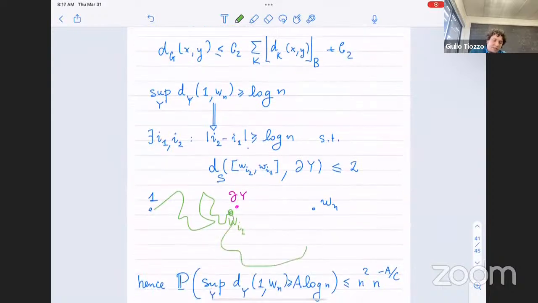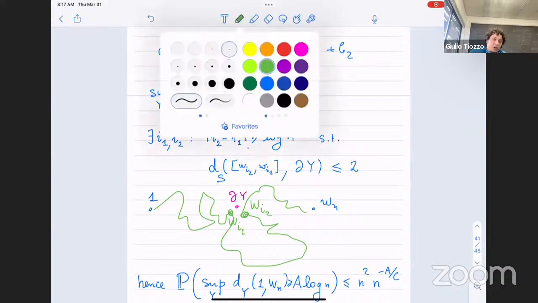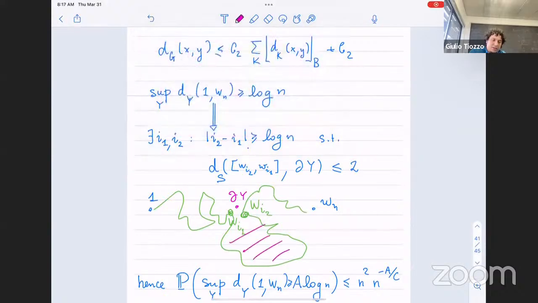Then maybe there's something, and eventually it may come back at another time I2, but then after I2 it never comes back. So all the progress has to occur in this area, so in this time. If you look at the progress in Y.